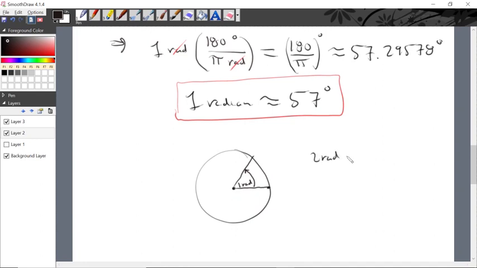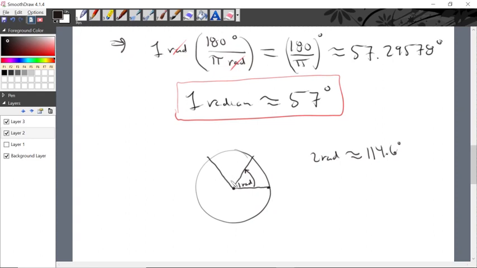What would 2 radians be? 2 radians would be approximately 57.3 times 2, which is 114.6 degrees. So about 115 degrees. That's more than 90 degrees, but less than 180 degrees.